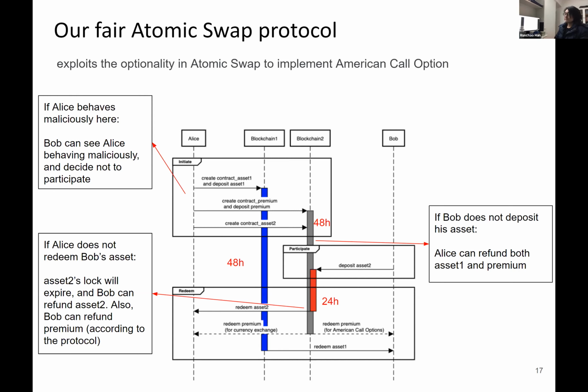Yeah. So these numbers, 24 and 48, you're saying they're not arbitrary, as in, was that a conclusion you arrived at, the 24 and 48 hour? Well, that's because this time frame is commonly used in the Lightning Network.